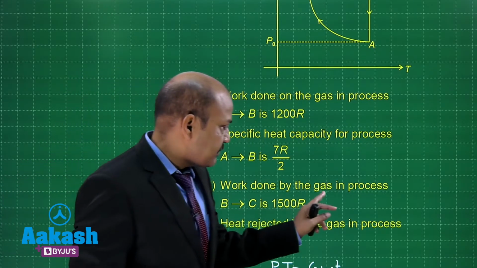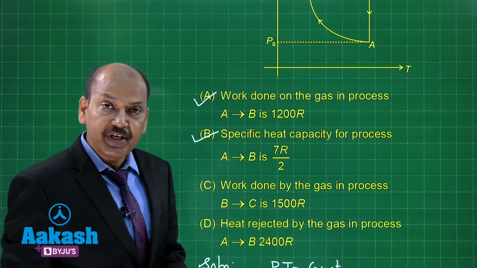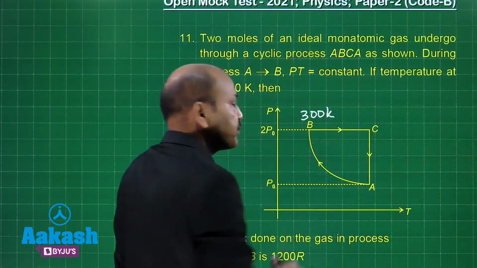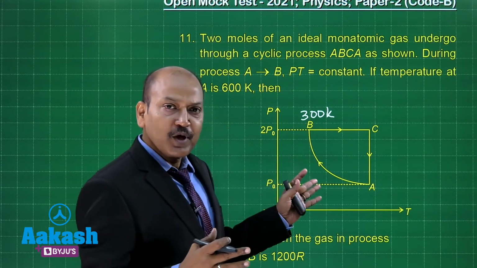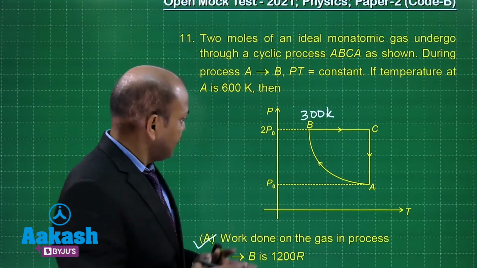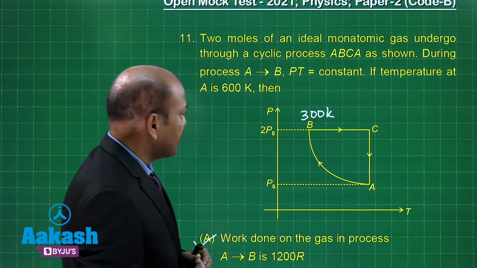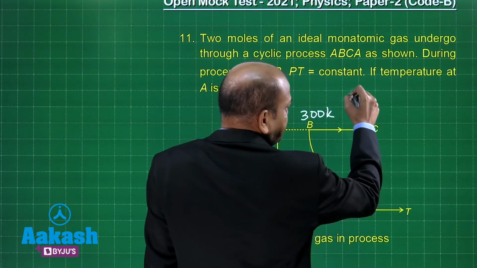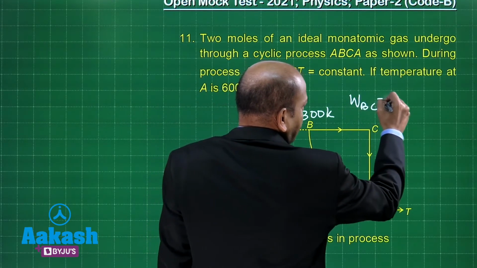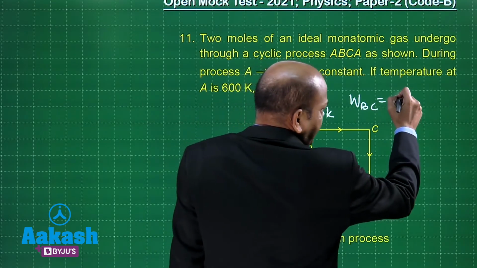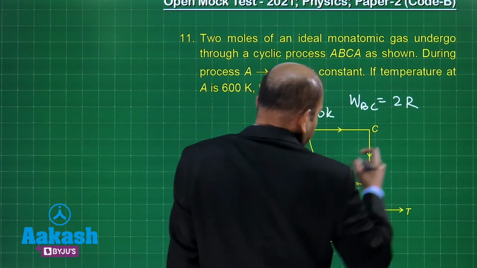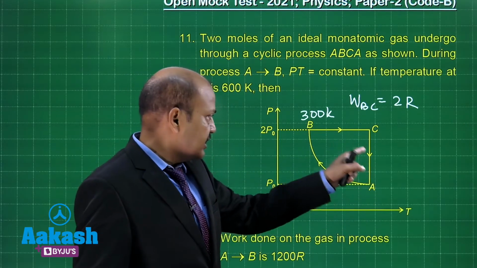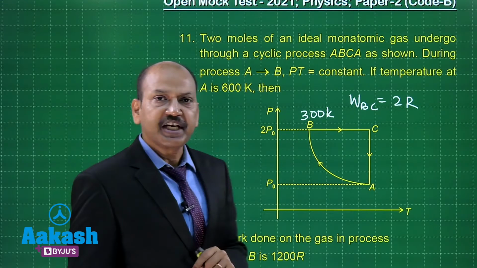Option C says work done by the gas in the process BC is 1500 R, and process BC is an isobaric process. So in the isobaric process, work done is P delta V or NR delta T. So we can find work done in process BC as NR delta T. N is 2, R is R. Delta T becomes, temperature at C is same as temperature at A, which is 600 Kelvin, and initial temperature, that means temperature at B, was 300 Kelvin.